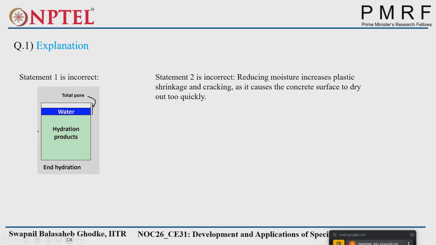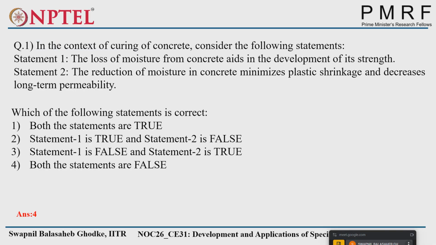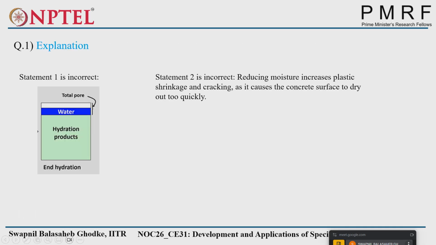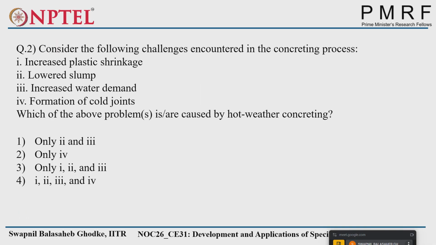This moisture loss means pores will be more, right? So statement one is incorrect, and it affects the strength because more pores means less strength. And second, reducing moisture increases plastic shrinkage and cracking, but there it is given as decreasing plastic shrinkage. So both the statements are wrong.